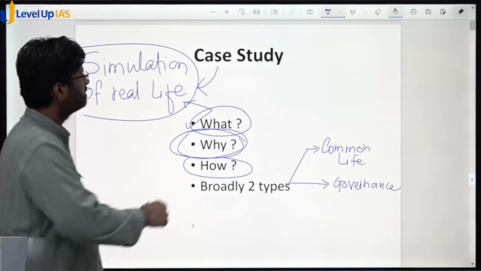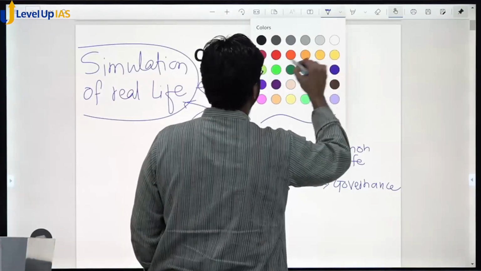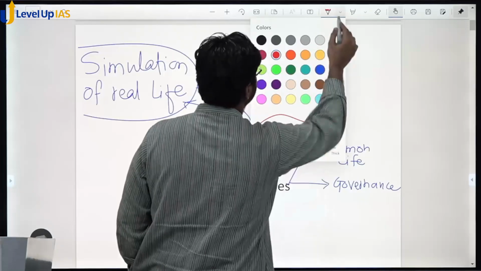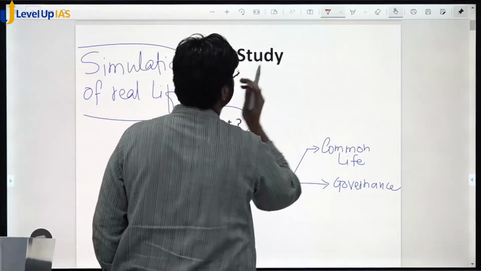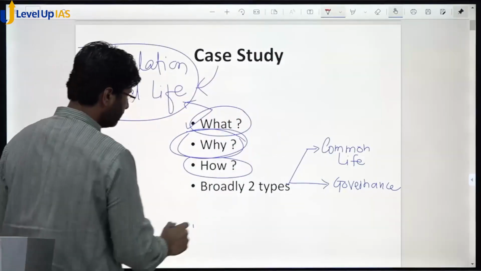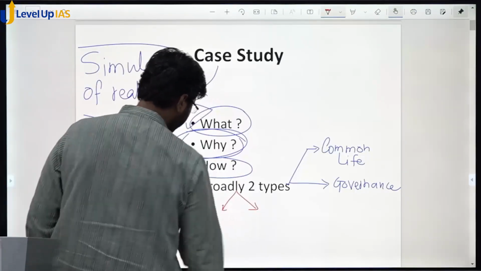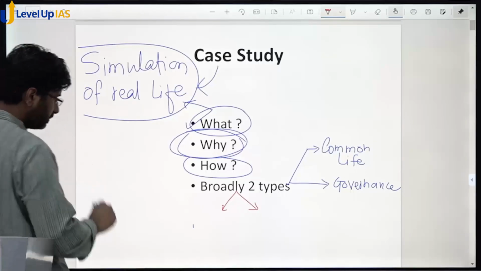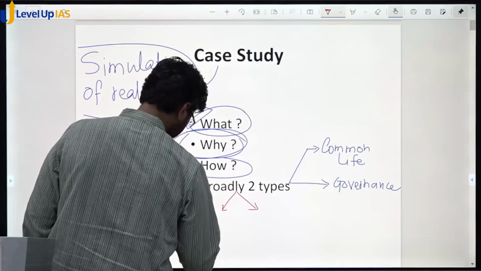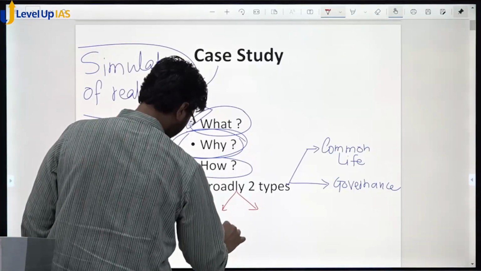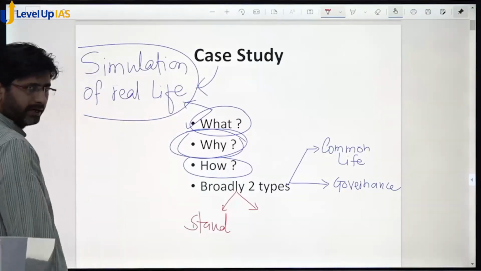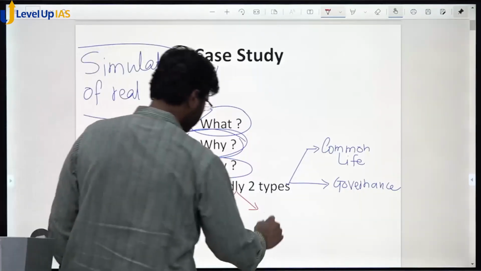Now there is another way of classifying these two broad types, which is perhaps more important, and that is stand, and second, action.